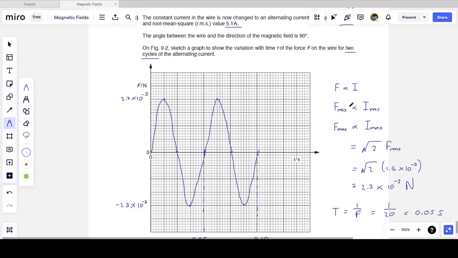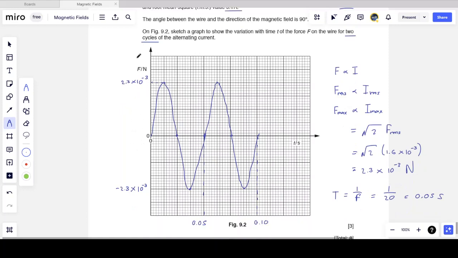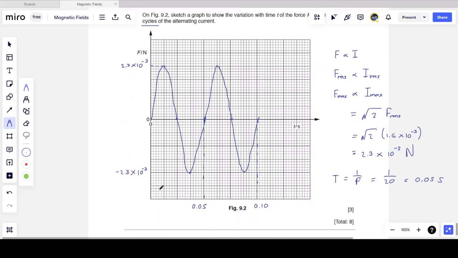So again, you don't need to do all the side working that I did, but you would need to find the peaks, because when you sketch a graph, you have to have the important features. The important features of this graph would be the positive maximum and negative maximum, and also the period of the graph. So you'd have to have some sort of a side working.